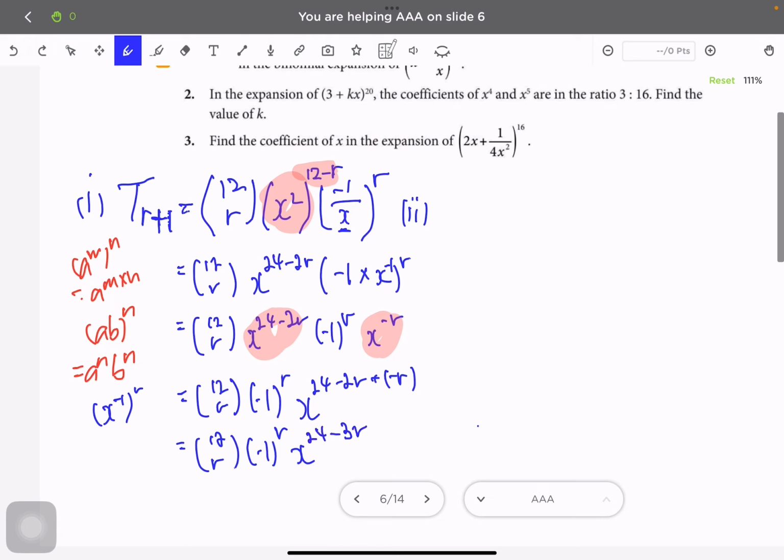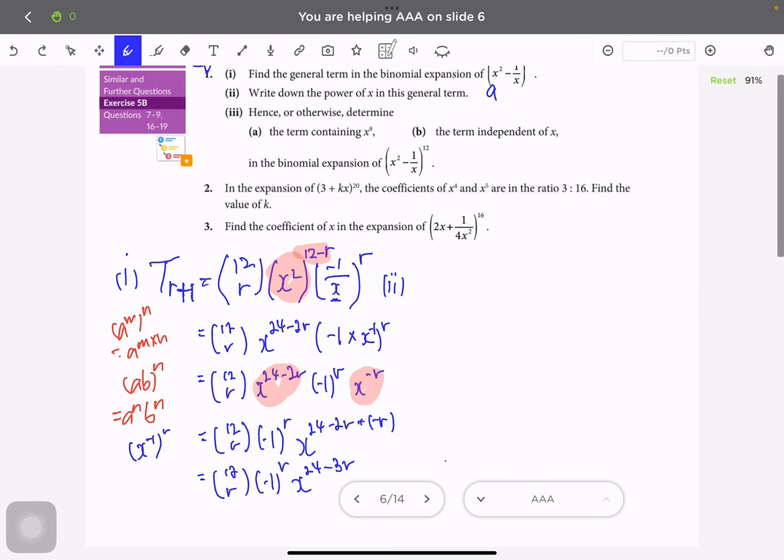This will be the final answer for the general term. For part 2, I'm asked to write down the power of x in this general term. So the power is this one, right? So I should write 24 minus 3r.